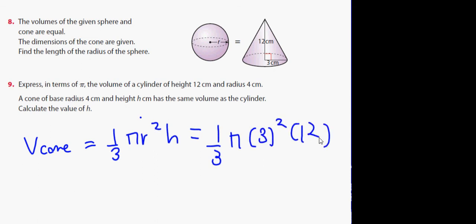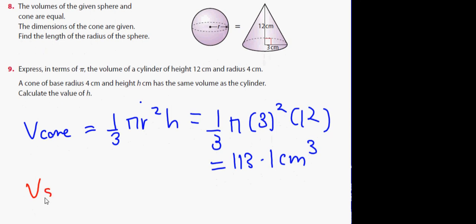Can anybody tell me what that is in the calculator? Okay, 36 pi, which is going to be 113.1. Everybody happy with that? 113.1 centimeters cubed. Now, next one is the volume of the sphere.